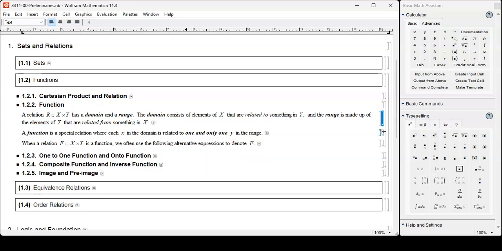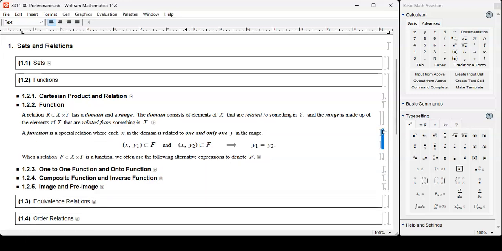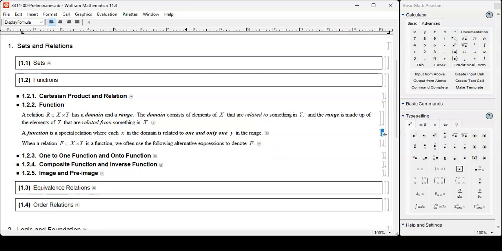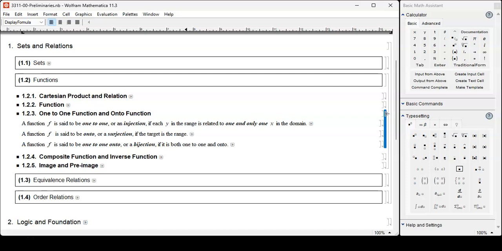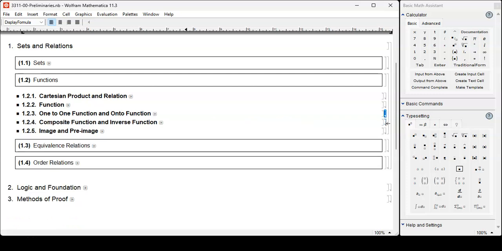And a function is a relation that satisfies this particular property. If x and y1 are related, and x and y2 are related, then y1 and y2 are the same. So each element in the domain is related to one and only one element in the range. That's a function. And then you should remember one-to-one and onto functions. Injection, surjection, bijection.